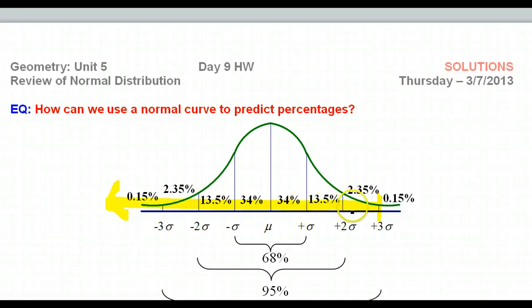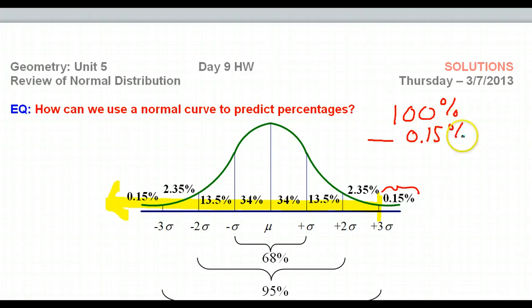So this is almost the entire curve. It's everything except for this little teeny tiny piece on the end. So the quickest thing to do would be to start from 100% and subtract your 0.15%. So I believe that's going to leave 99.85%.